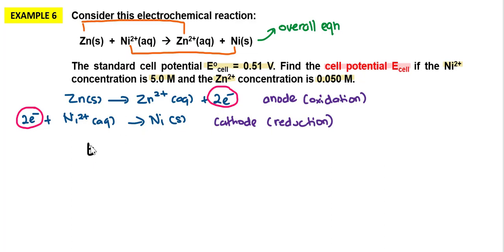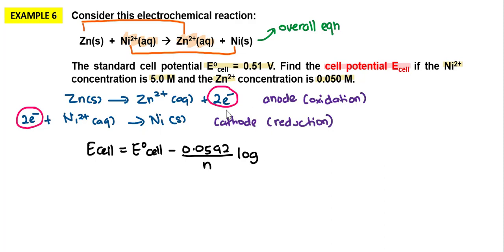So write down the Nernst equation, which is E cell equals E naught cell minus 0.0592 over n log concentration from the overall equation. Remember, the ones that we are going to put in our reaction quotient expression are only aqueous and gas. So from the overall equation, we only have the aqueous phase.